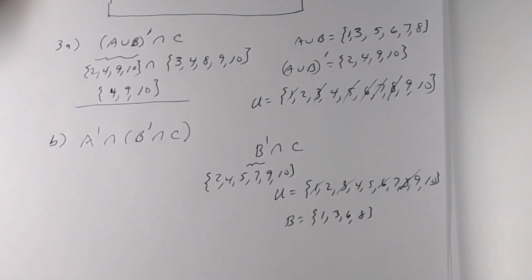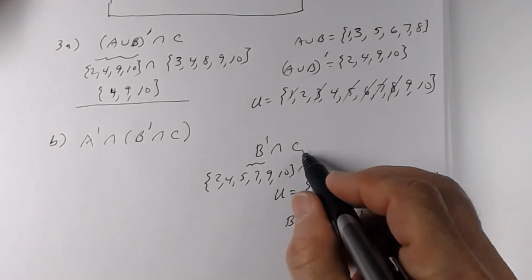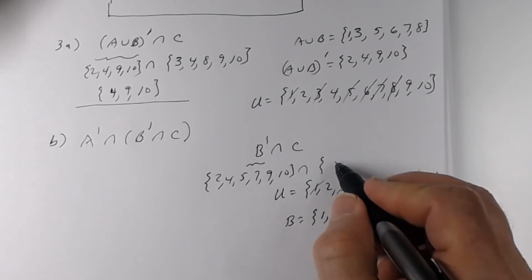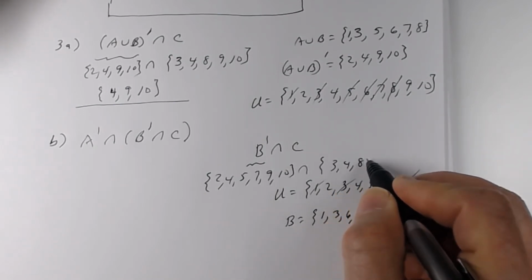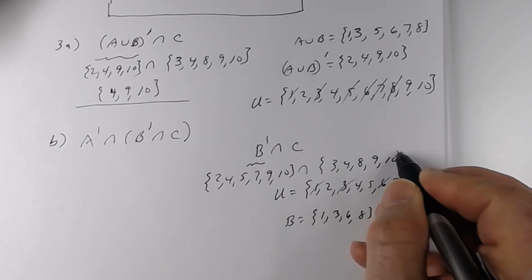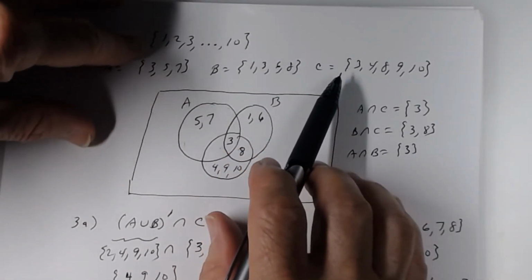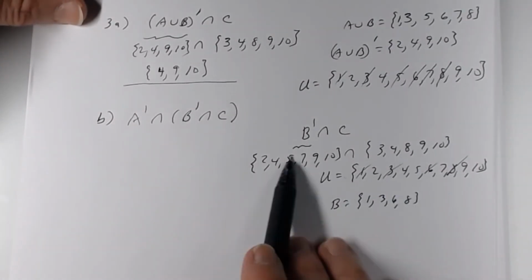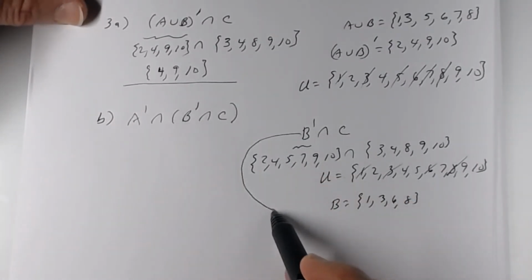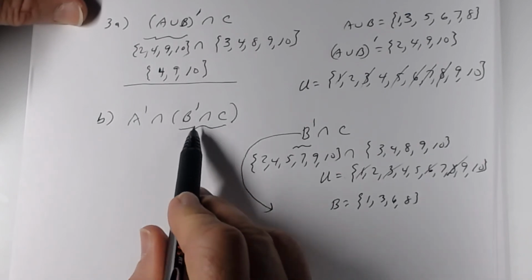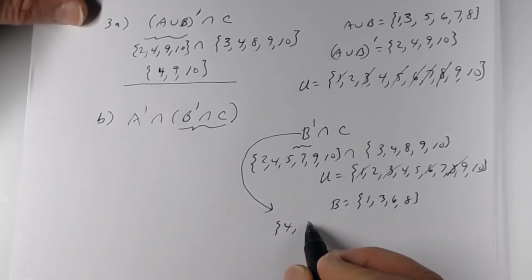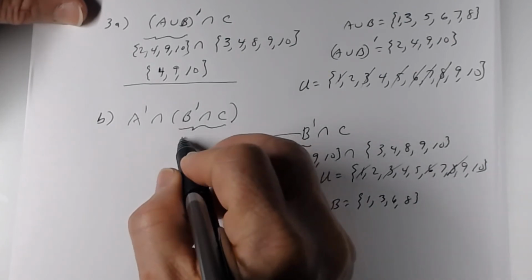Is that right? Okay. Intersect C. What's C? C is 3, 4, 8, 9, and 10. And then all you do is look for the intersection. 4 and 9 are the only ones? Yeah, so that's 4 and 9.